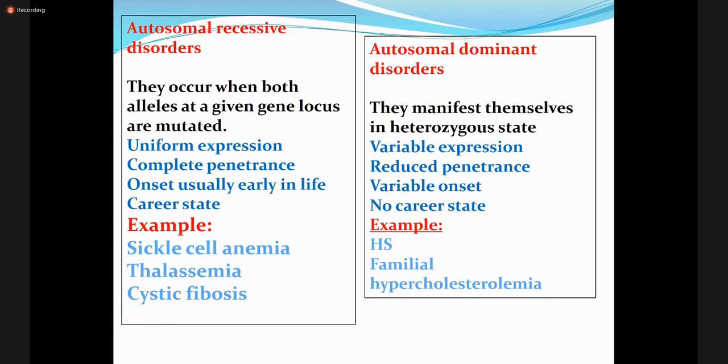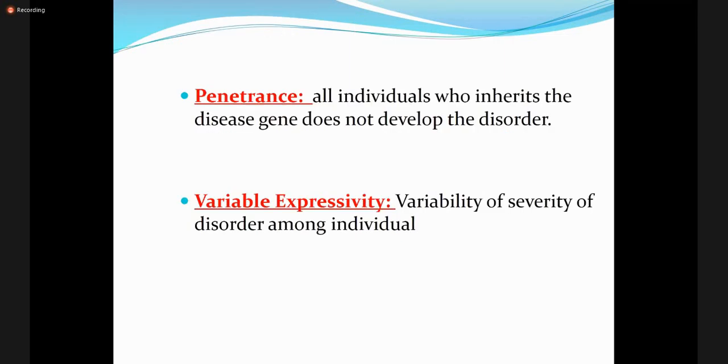Similarly, hereditary spherocytosis, again the variability can be different. There is variable expression, reduced penetrance, variable onset, and there is no carrier state. If you have a gene mutated, you are going to express the features of that disease. There would be no carrier state. Okay. Now, what is penetrance?